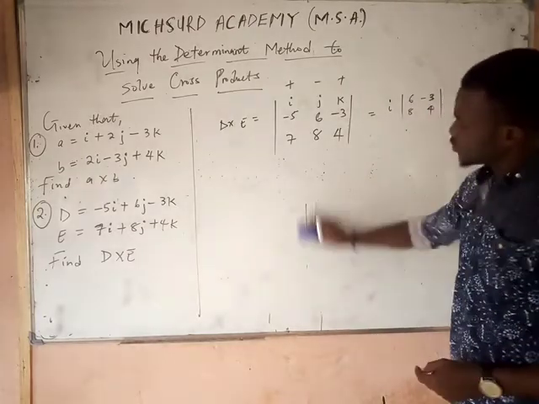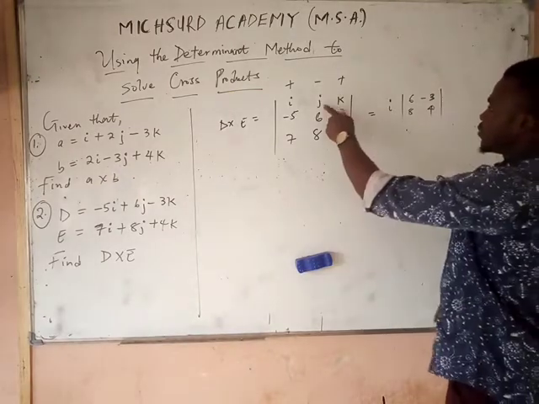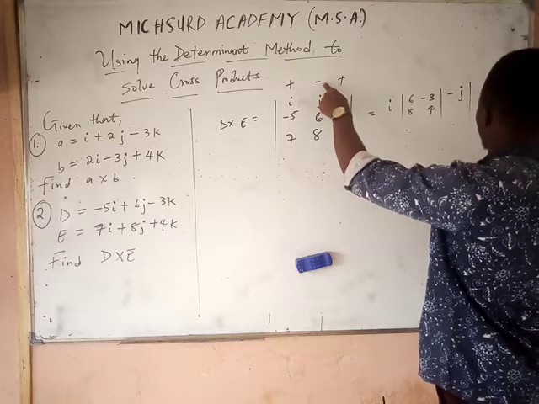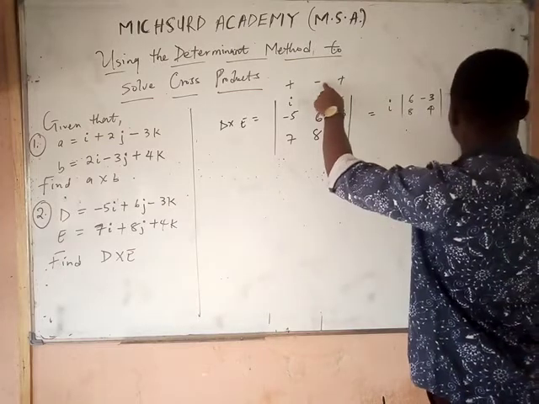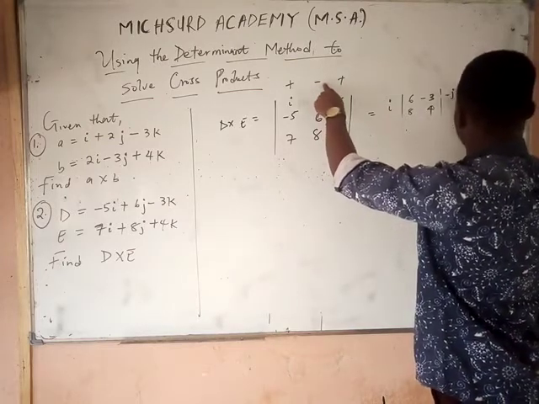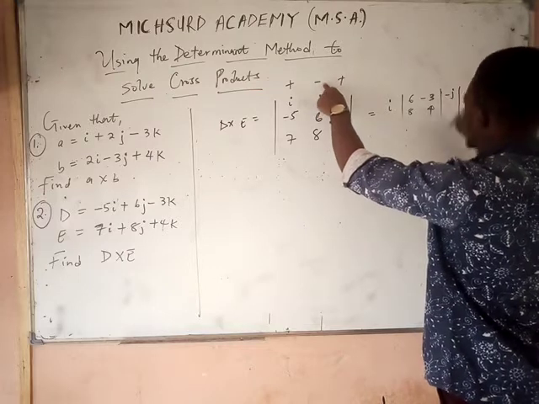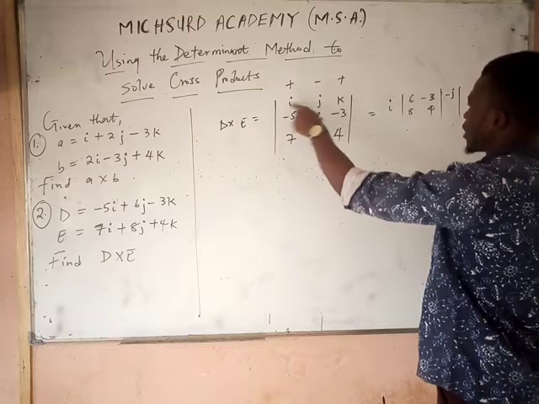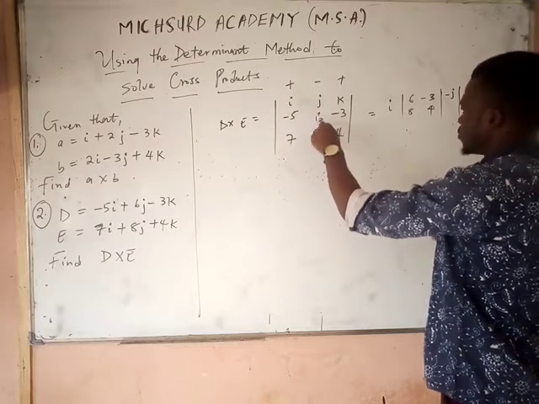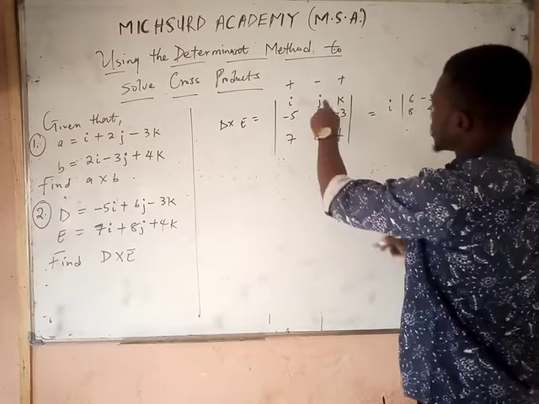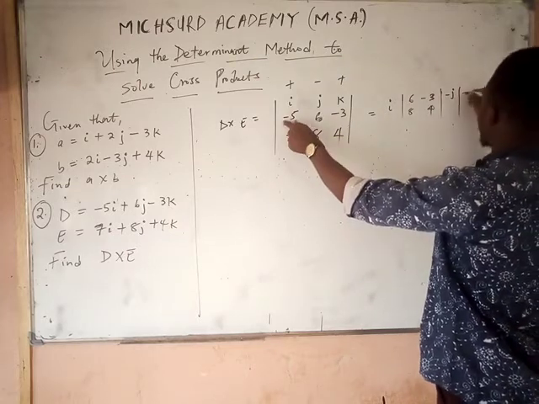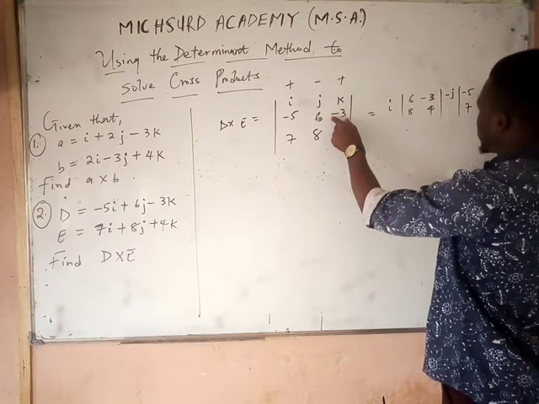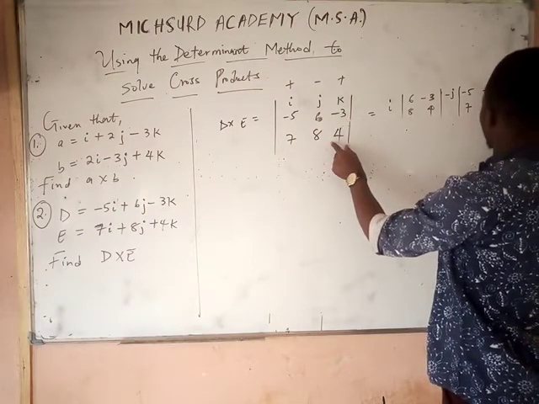Then the next one we look at is j, but j is negative, so we put minus j. Alright, so we have that everything by the side will cancel out, and everything below we also will cancel out. So what we have left is minus 5, 7, and then minus 3, and 4.